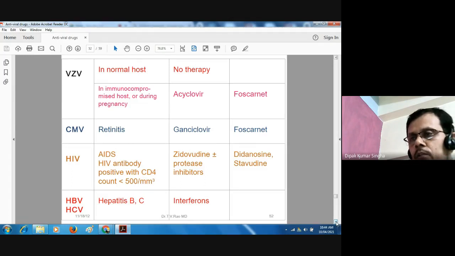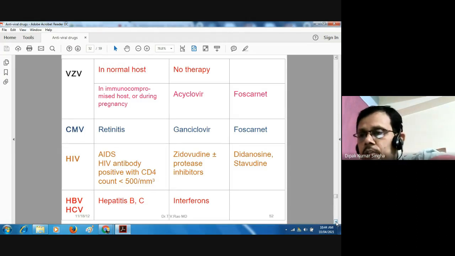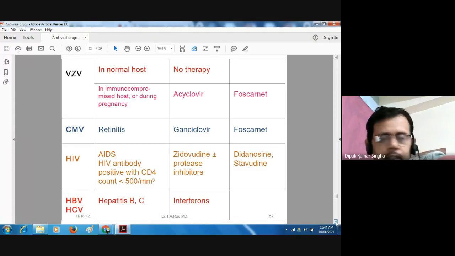For a normal host, no therapy. For an immunocompromised host during pregnancy, acyclovir or foscarnet. CMV retinitis: ganciclovir and foscarnet. HIV, AIDS, HIV antibody positive, on the CD4, actually CD4 and CD8, and zidovudine, protease inhibitor. Another most important enzyme in case of AIDS and also cancer is the protease enzyme, and these are the protease inhibitors. And zidovudine, if it is the first choice of drug in case of AIDS, that is zidovudine. You can write this down because this type of question comes in the GLET.